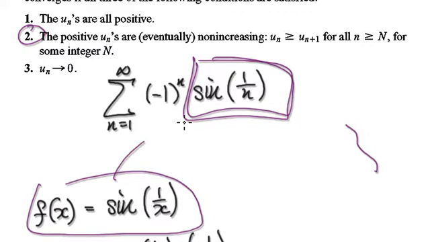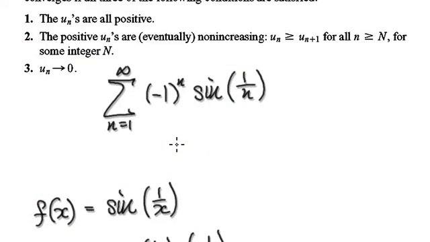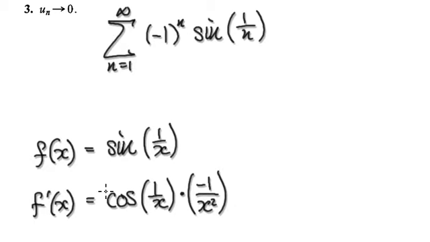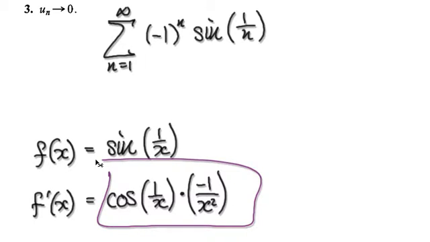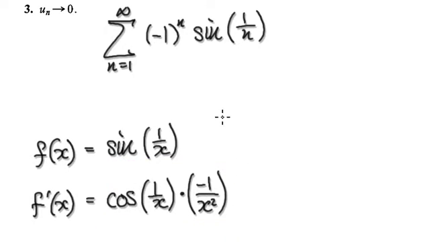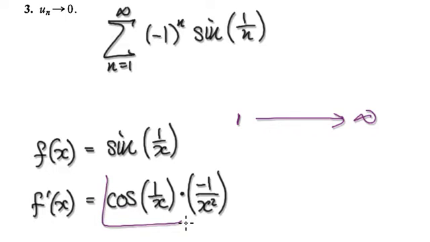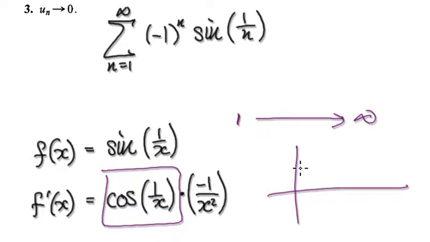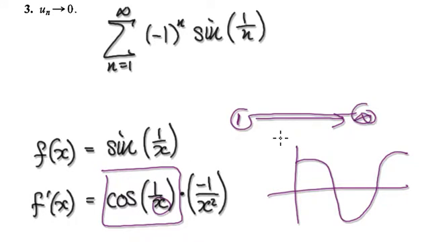Map a function on top of this, and then differentiate it. Remember, x goes from 1 all the way to infinity. If you look at the cosine graph, it looks like this. As x moves from 1 to infinity, it's always positive and heading towards 0.